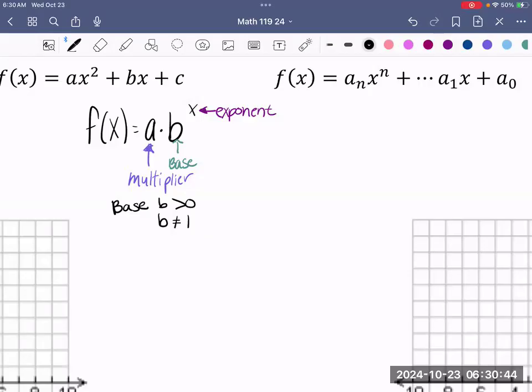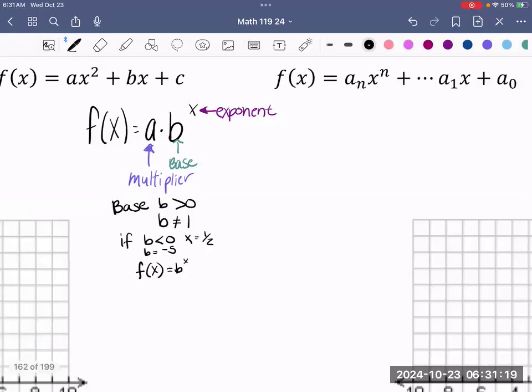The reason for that is if b is less than 0, so a negative number. Let's say b is -5. And let's take your variable x. Let's say x is 1/2. And we'll just say a is 1, so f(x) is just b^x, if a is 1, it's just itself.